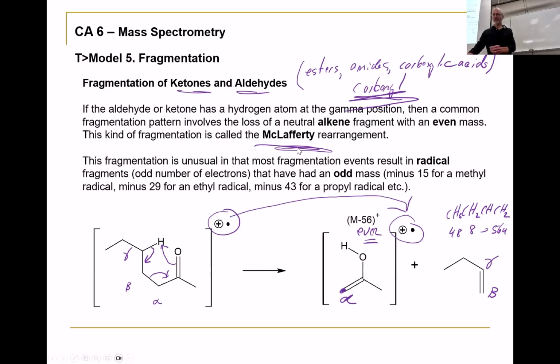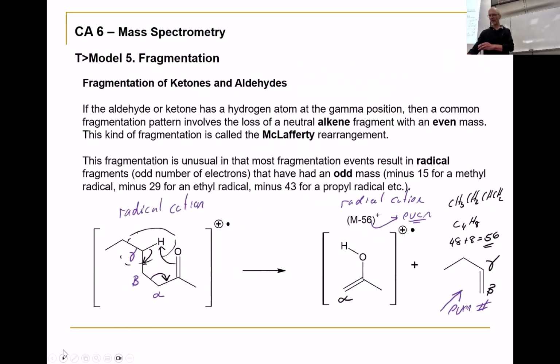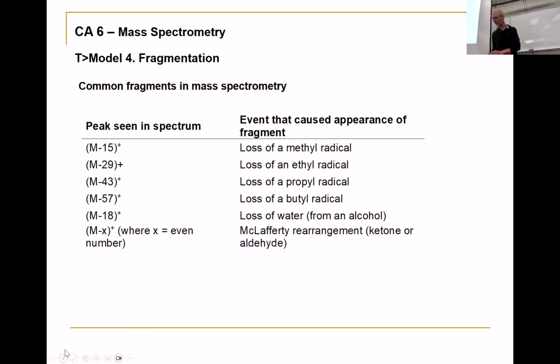To finish off today, I'm not sure we're going to have time for you to do a practice of the McLafferty rearrangement. We may need to do that next Wednesday before we go on to infrared spectroscopy. But I want to show you this chart, in the middle of page 52. Note that the first 4 rows are those things that we spent a lot of time talking about.